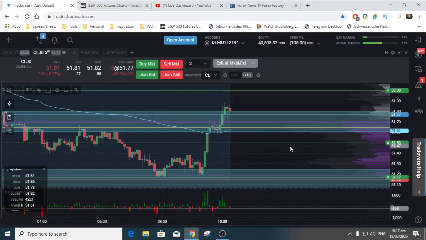Primary exit would be in the 60 range. We're exiting there, looking for 15 ticks, 1 to 1. Skip, and let the secondary run if it is successful.